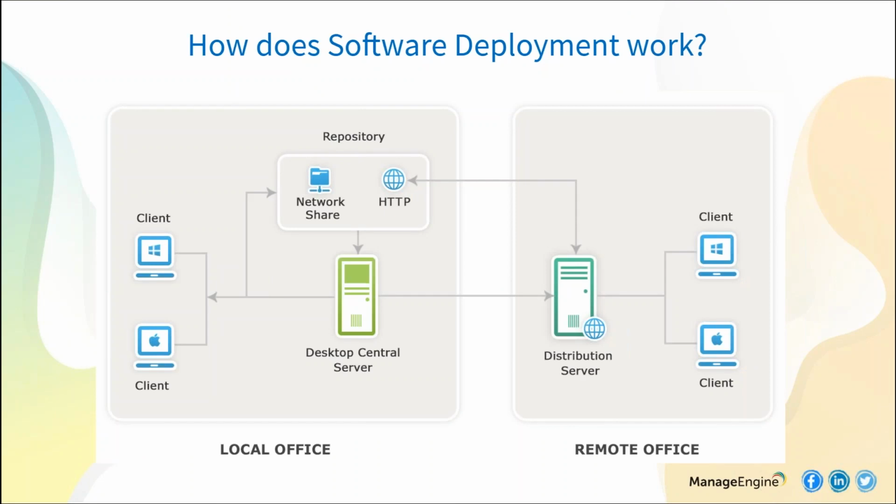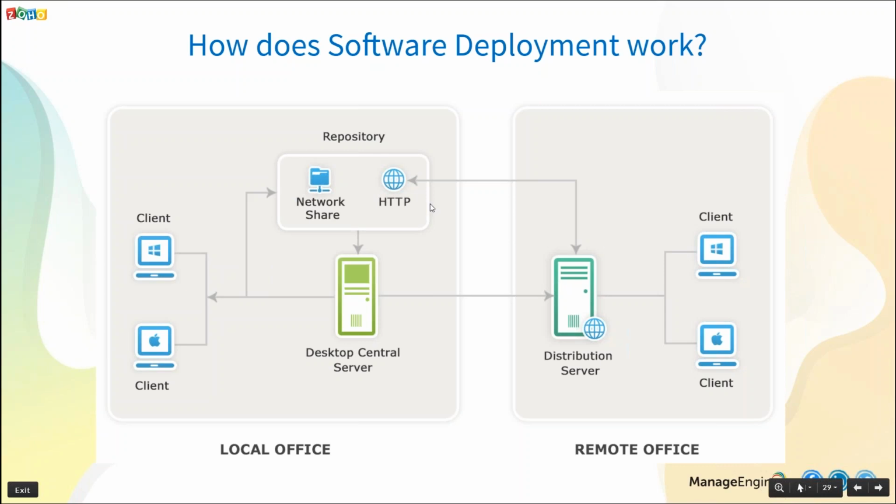Using Desktop Central, software deployment can be done to your local area as well as wide area network. The most important thing to deploy software is to have a package created in the first place. To store that package, Desktop Central offers two different types of repositories, which are a network share and an HTTP or HTTPS repository.